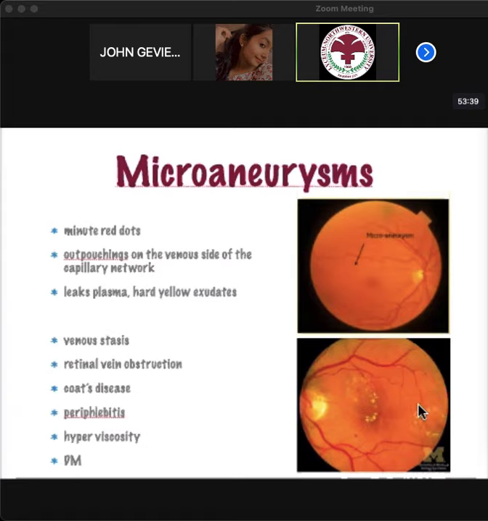Sometimes we do laser on this leaky microaneurysm so that it will not secrete exudates or edema. So where do you see microaneurysms? Very common in diabetic retinopathy. Also in venostasis, vein obstruction, Coats disease, erythroiditis, or hyperviscosity.